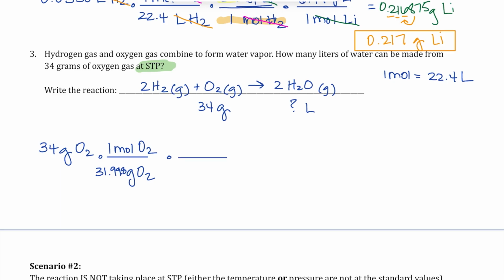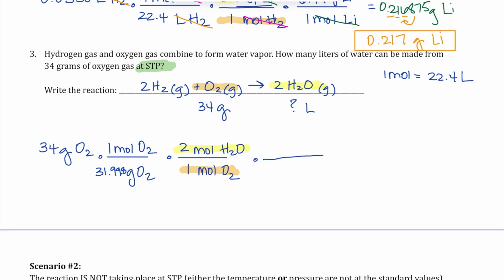I'm at moles, so now I need to use my mole ratio, moles of oxygen to moles of, my problem is asking me for water, H2O, and I'm going to use 2 moles of H2O and 1 mole of O2 from that coefficient. We need to make sure our reactions are balanced so we have the correct mole ratio.